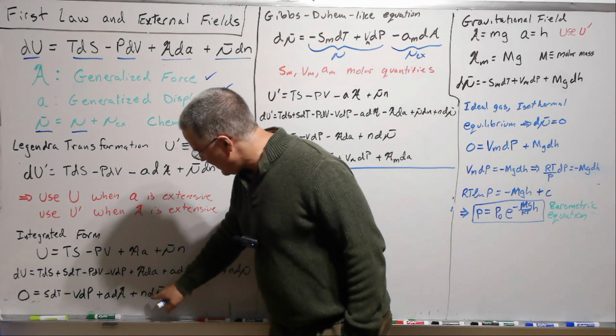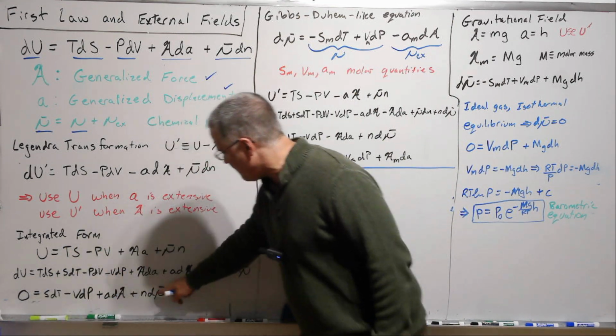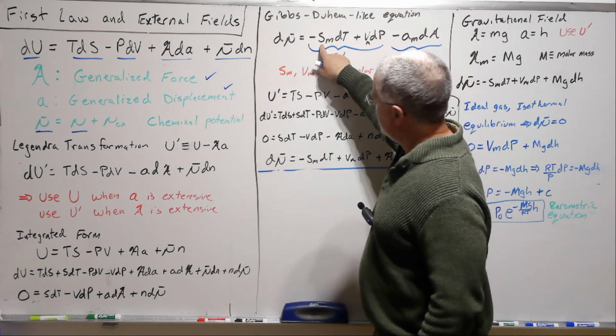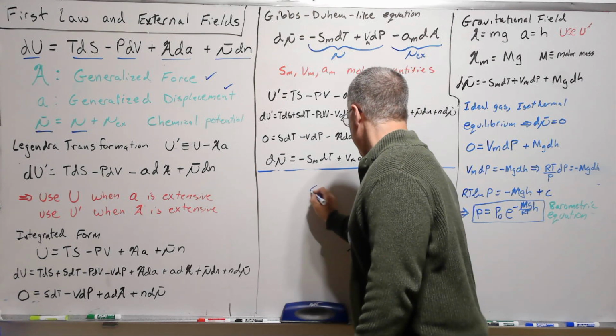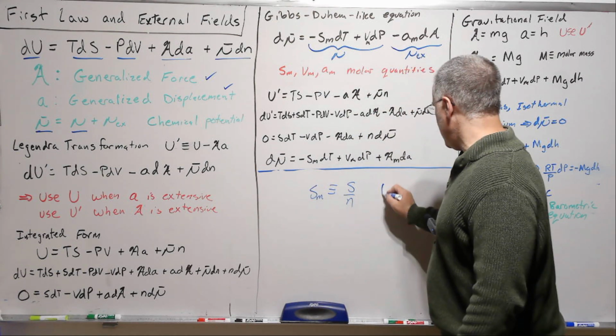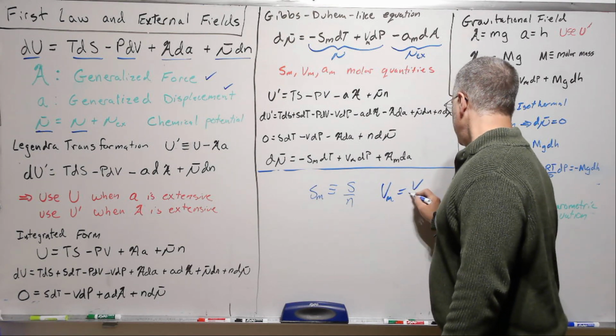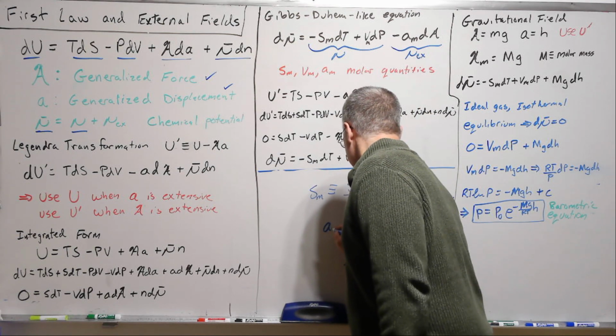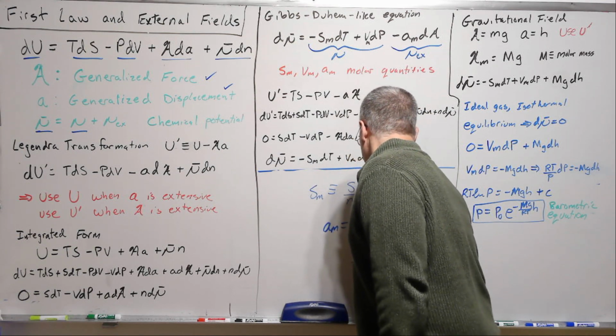If I bring this over to the other side and then divide by n, I get molar quantities. So the Sm is S divided by n, and Vm is V divided by n, and then Am is A divided by n.